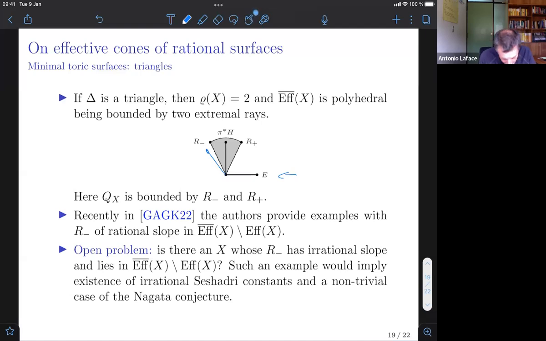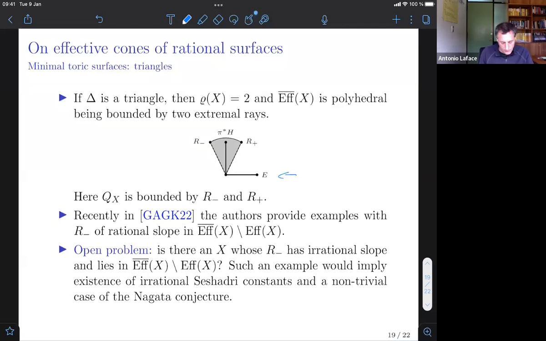So there is a natural question, which is the following open problem so far. Is there an X such that R minus has an irrational slope and lies at the boundary of the effective cone? So the pseudo-effective cone in that case would be just bounded by this R minus, but this R minus would be irrational, so outside the effective cone, of course.